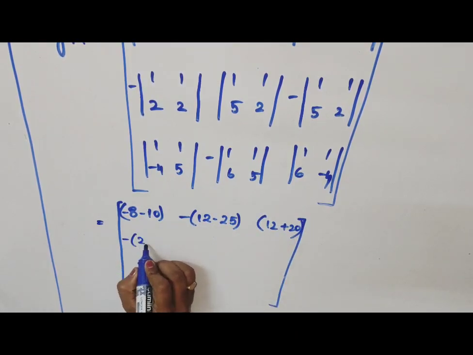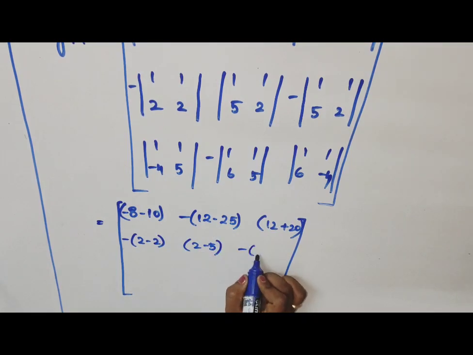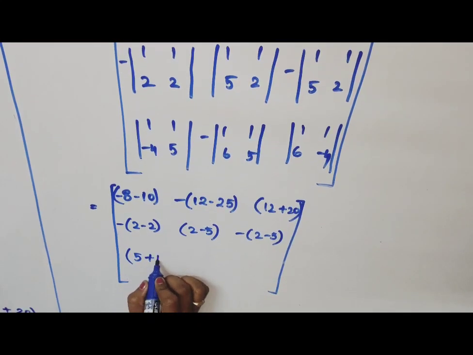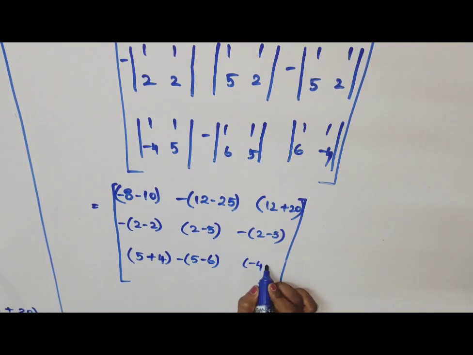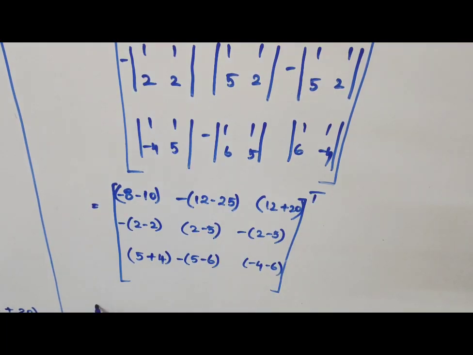Next is minus of 2 minus 2, 2 minus 5, minus of 2 minus 5, 5 plus 4, 5 minus 6, minus 4 minus 6, and we have to take the transpose at the last.